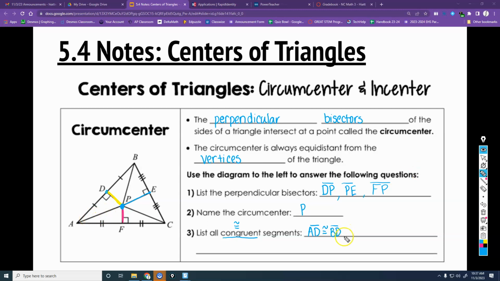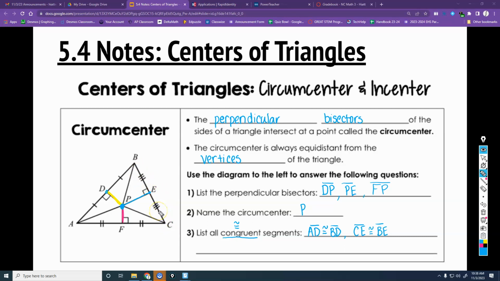Can somebody give me another set of segments that are going to be congruent to each other? Let's see. CE and BE. Yes, perfect. CE and BE are congruent to each other. They're marked here with three tick marks here and three tick marks here, showing us that they're equal to each other.